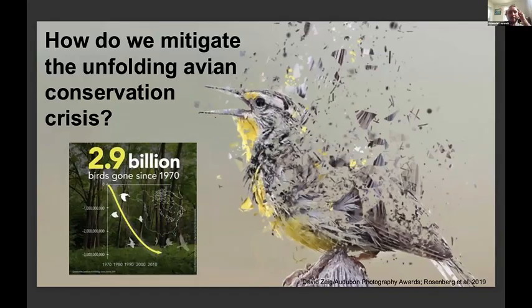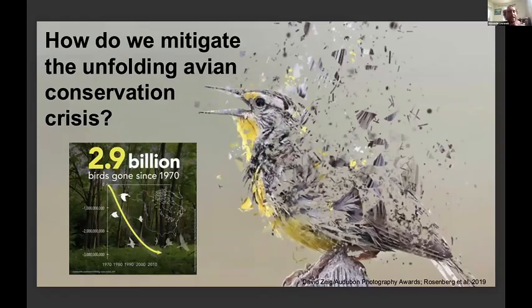And so my research is generally driven by this broader question of how do we mitigate this unfolding avian conservation crisis. There are a variety of drivers of these widespread population declines.